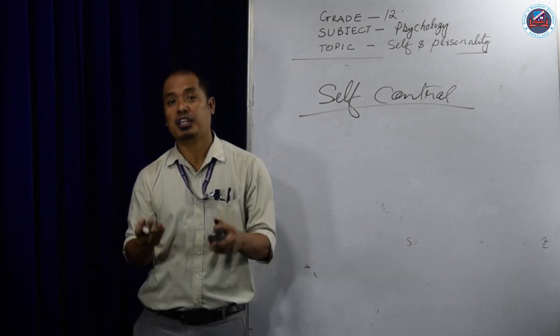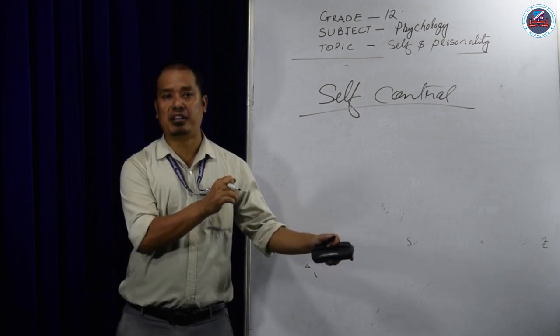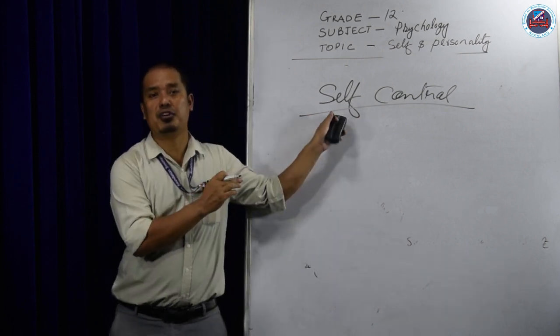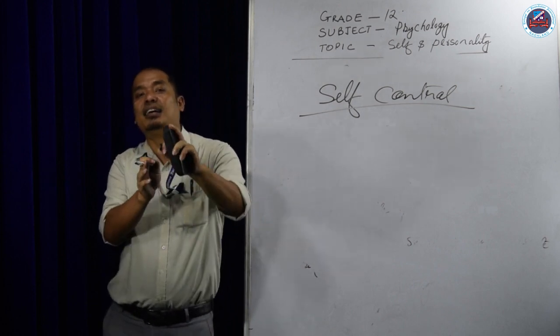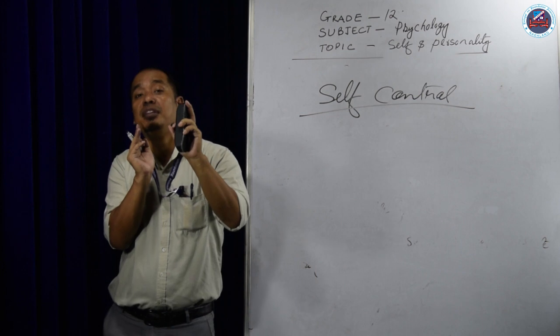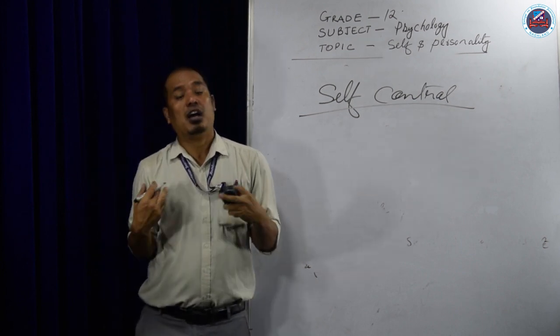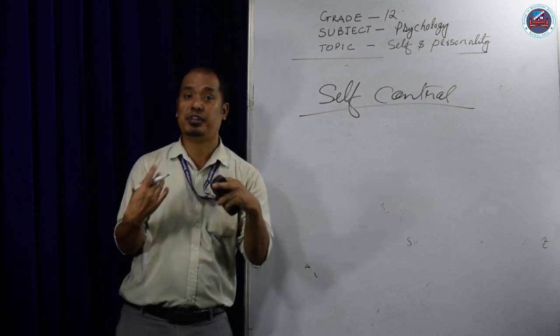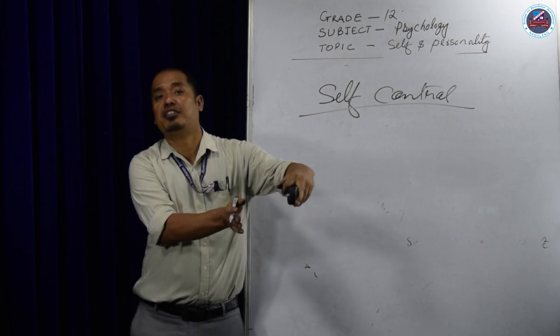Suppose you want to buy a car. The immediate desire is to buy a car right now. But when you have self-control, you try to delay the gratification of your immediate needs. Maybe you think, as for now I cannot afford a car, therefore let me wait for 2 more years. Therefore, you're trying to delay the gratification of your needs.